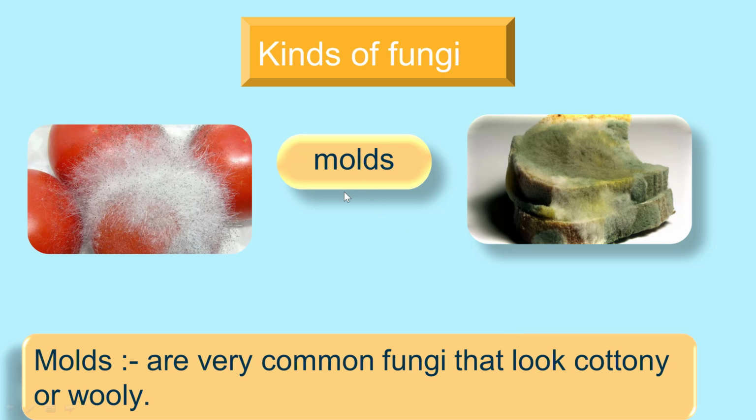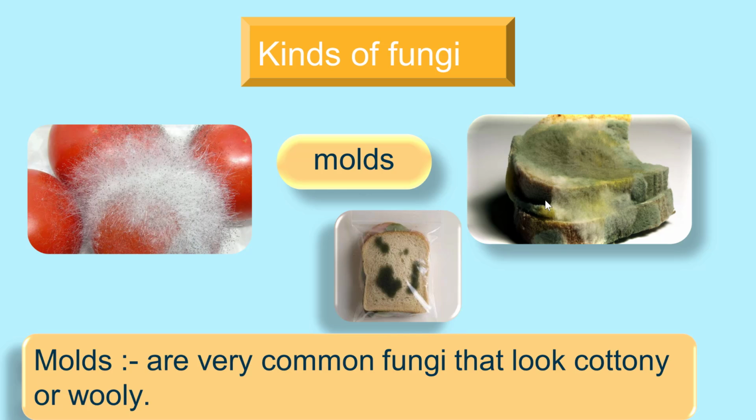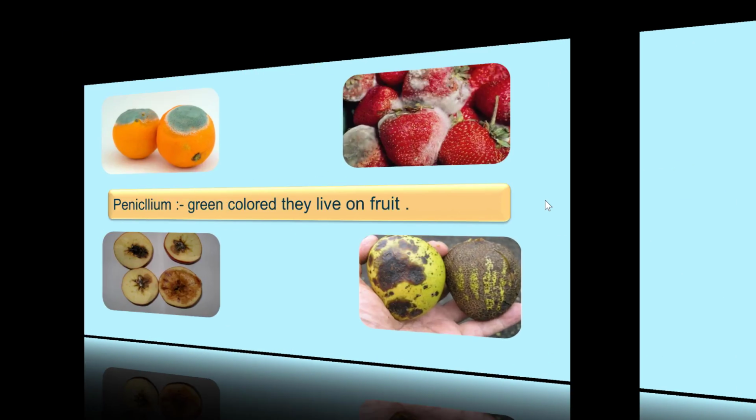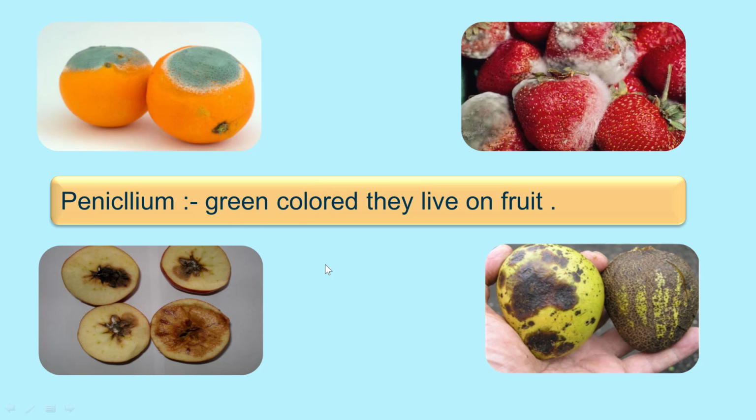Molds look like cotton. They sometimes grow on bread, and they are a very common type of fungi. Another type is penicillium. It's green colored. It lives on fruit, like orange and strawberry, and apple and mango.